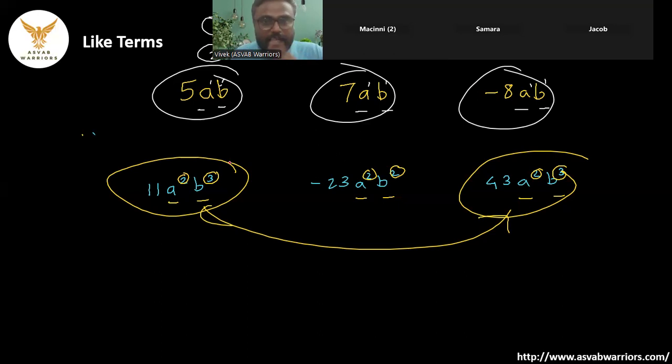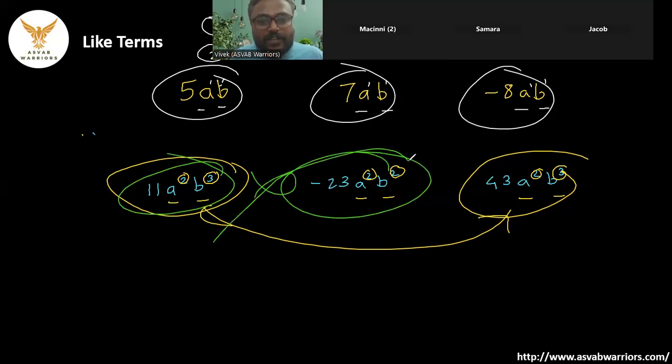Let's move ahead. Now, remember, you can add or subtract only when the terms are like. Okay, you can only add and subtract when the terms are like terms. And if you observe carefully, this and this are not like terms.